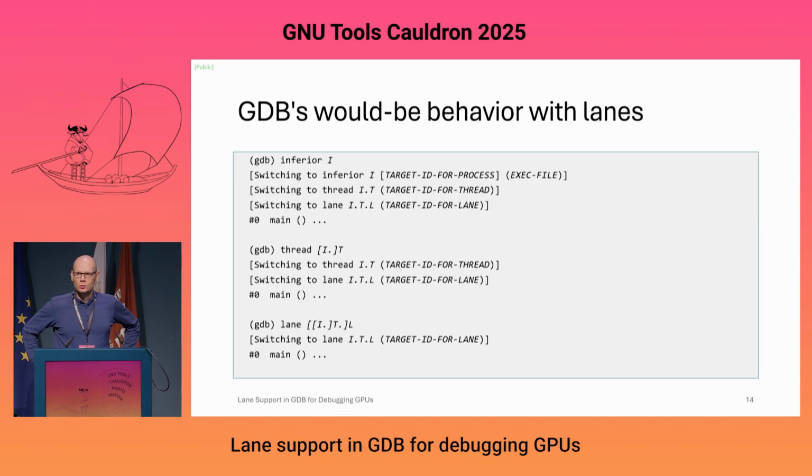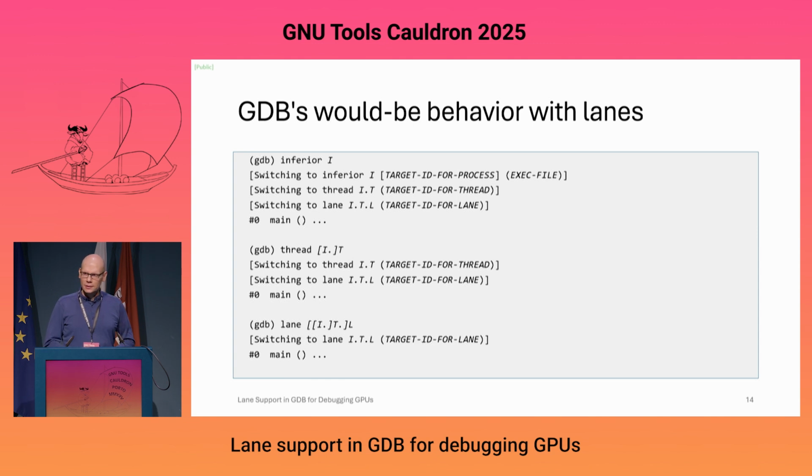When the user executes the inferior command in order to switch the inferior, what GDB does today is print an information message saying we are switching the inferior, and then another message saying that we are switching the thread. With the addition of lanes, there would be one more line here, switching to lane, where GDB tells the user, okay, now this is your new context.